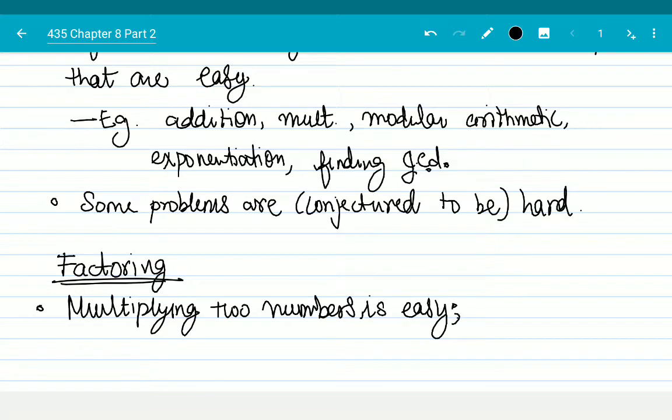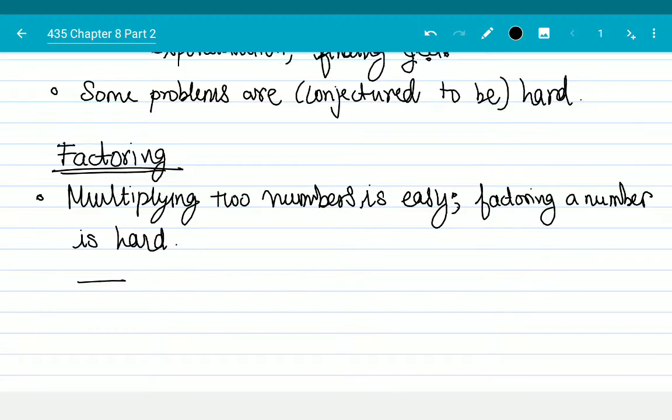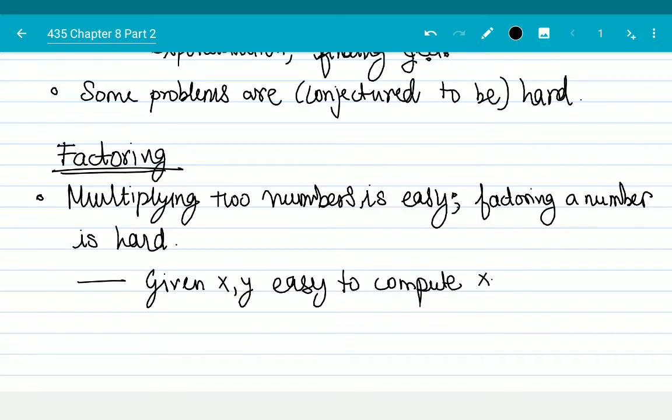Compared to that, factoring a number is really hard. What does that mean? Given x comma y, it is easy to compute x times y.